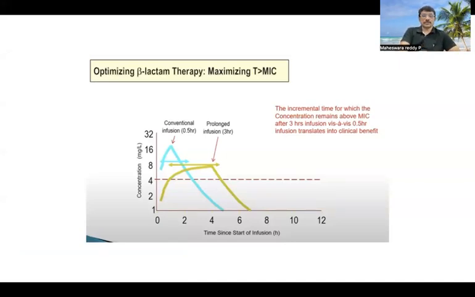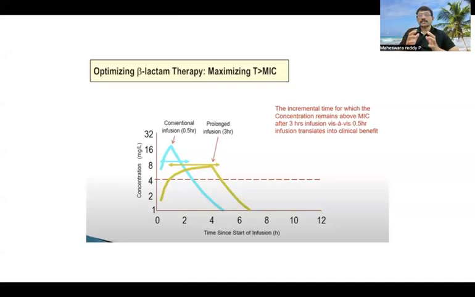In concentration dependent antibiotics, after giving the infusion, the plasma concentration should reach above the MIC, at least 10 times that of MIC. So you should have a very high peak in the plasma so that it can kill the maximum number of bacteria.